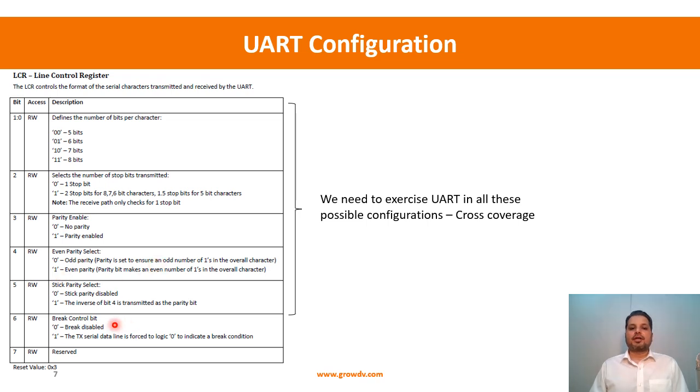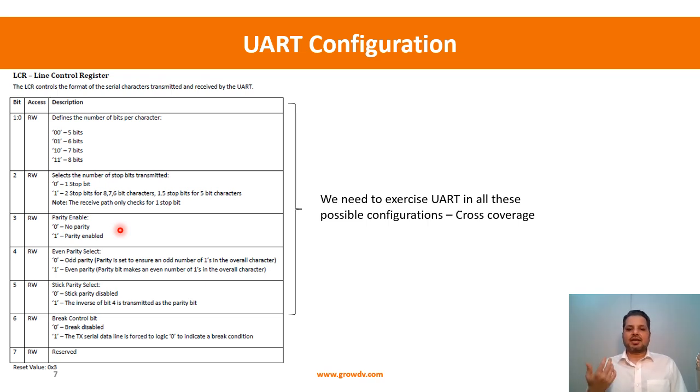Or we can choose, for example, the stick parity select. If it is 0, then stick parity is disabled. If we select it as 1, then we will have a fixed bit which is inverted and transmitted as a parity bit. That is how the overall spec has been defined.